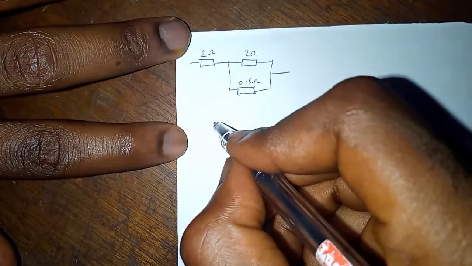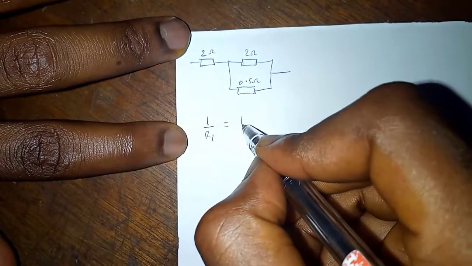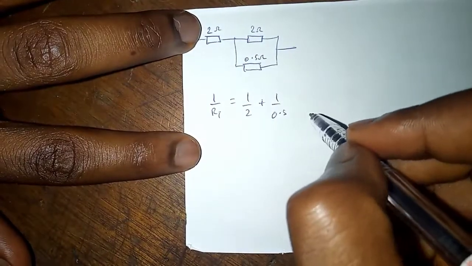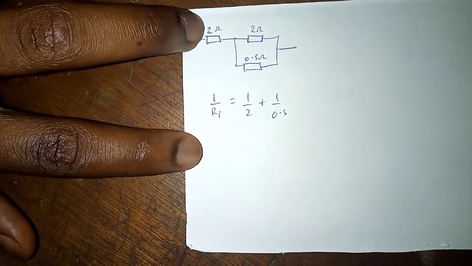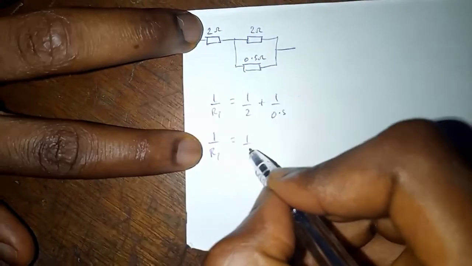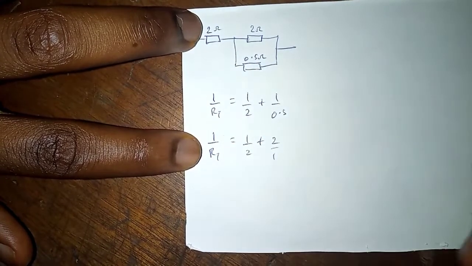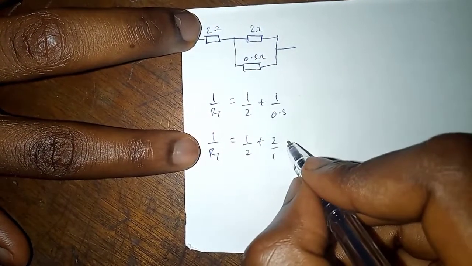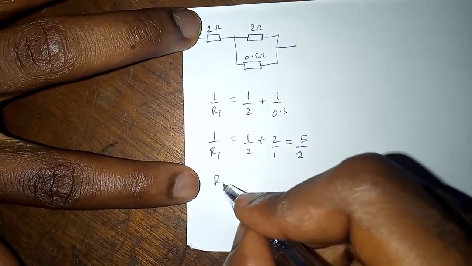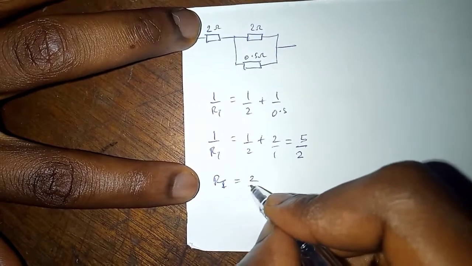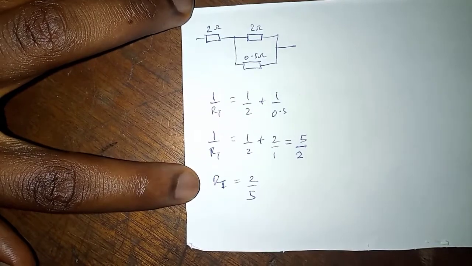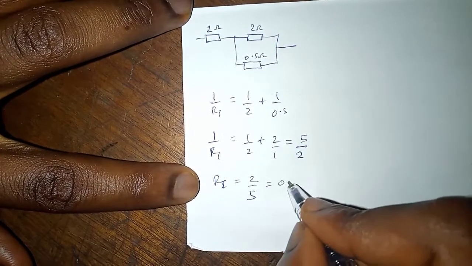These two are in parallel. You have 1 over RT is equal to 1 over 2 plus 1 over 0.5. So we have 1 over RT is equal to 1 over 2 plus 2 over 1. And this is equal to 5 over 2. Therefore, RT is equal to 2 over 5, which is equal to 0.4 ohm.